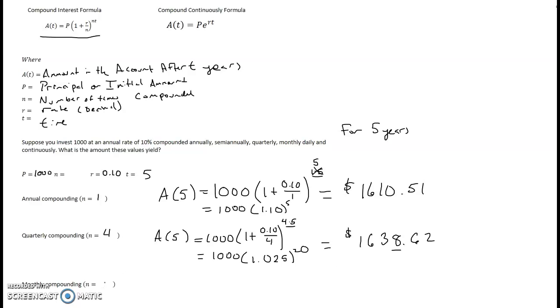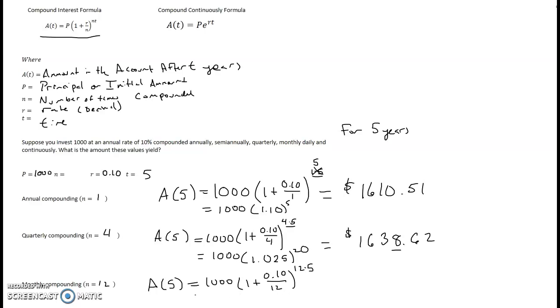Let's talk about compounding monthly. Monthly would be 12 times. Why don't you take a second and work this out? So we're still compounding over the period of 5 years. It's going to be 1,000 times 1 plus 0.10 divided by 12 raised to the 12 times 5. Well, let's work out what's inside that parentheses. If I do 1 plus 0.10 divided by 12, I get 1.00833.